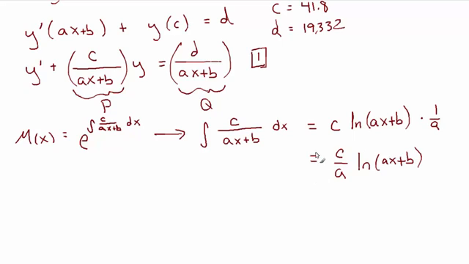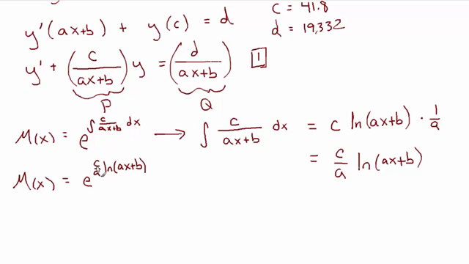And that's not mu, that's just what e is being raised to in mu. So if we bring that back to finding mu, it's e to the c over a ln of ax plus b. Now you may remember a property of logs where you can take the coefficient of the natural log and make it the exponent on the thing you're taking the log of.